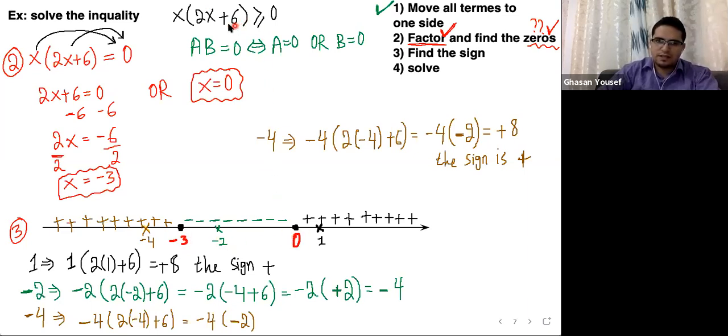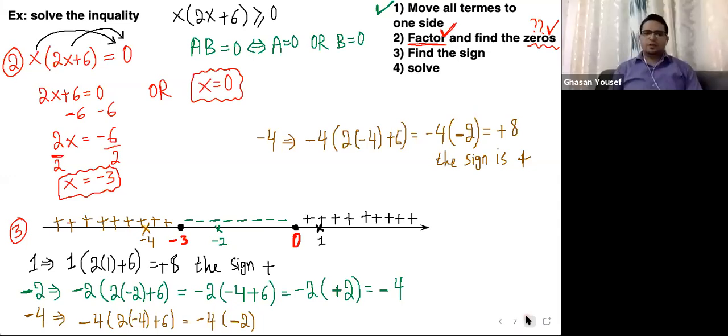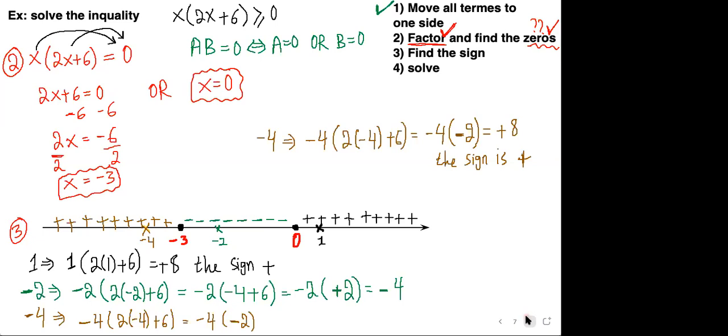But the question said when this will be positive, inside this interval from -infinity to -3 and from 0 to infinity. So if the question was asking for negative, then we would have only one solution and one interval. The interval is from -3 to 0. But since it's positive, we have two intervals now.